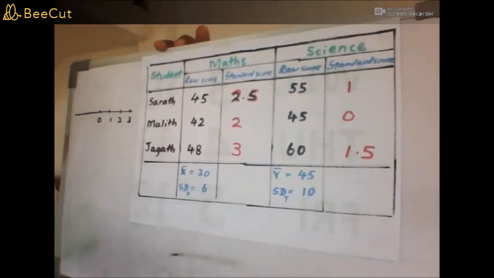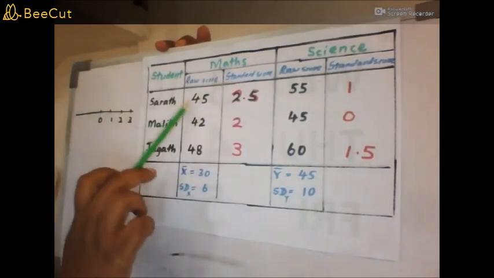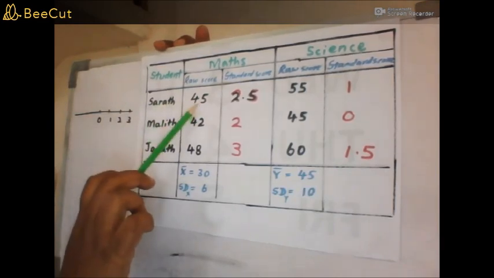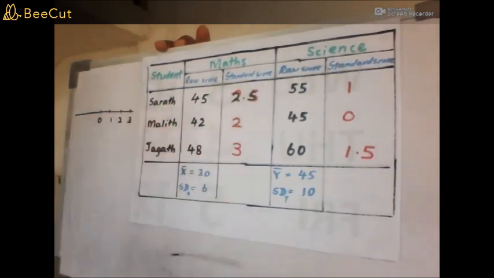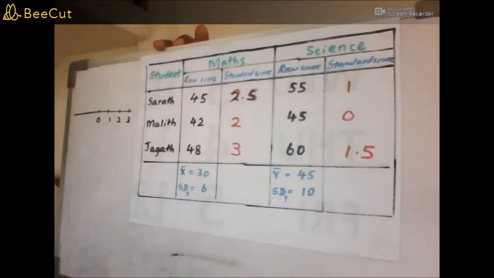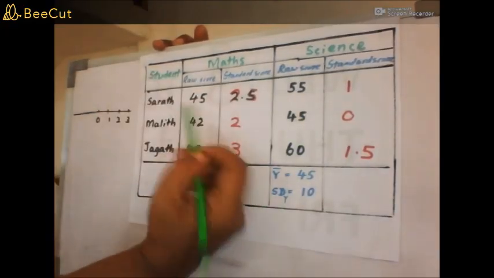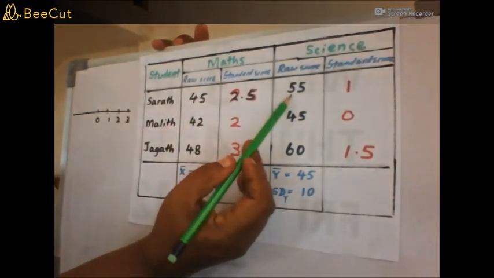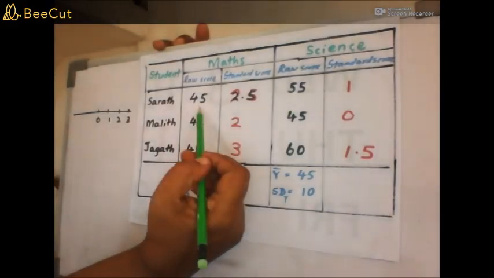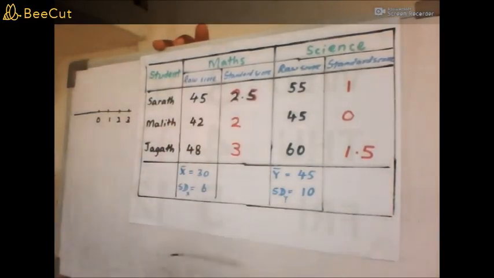Another factor is if we compare the raw marks for the two subjects. Now we take the same raw marks for the two subjects, 45 and 55. We get the impression that Sarath has performed better in science than in maths, 55 compared to 45.